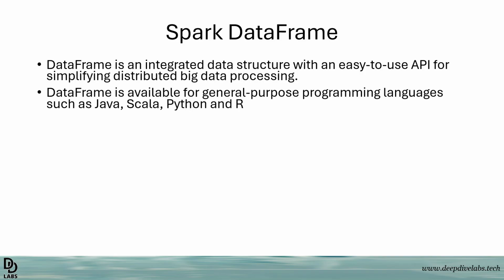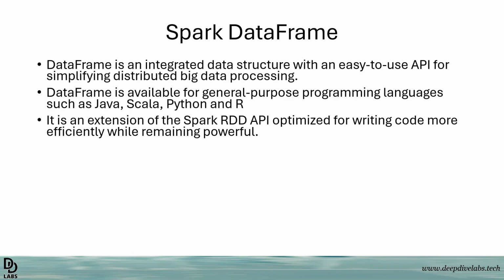DataFrame is available for any general purpose programming language, not only in the original Spark written in Scala, but also in PySpark, SparkR, etc. DataFrame is essentially an extension of the Spark RDD API, optimized for writing code more efficiently while remaining powerful.